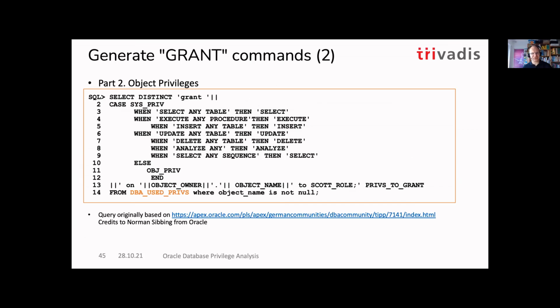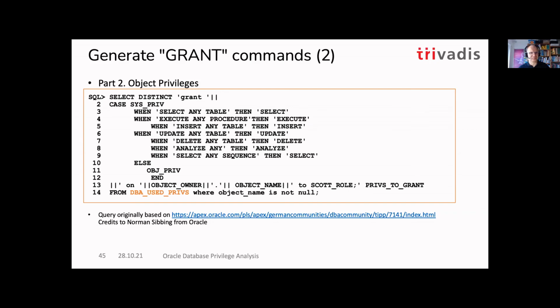The second part, the object privileges. It looks complicated. And the only thing which makes it complicated is that we reduce the select any table privileges, or any privileges, to specific object privileges.